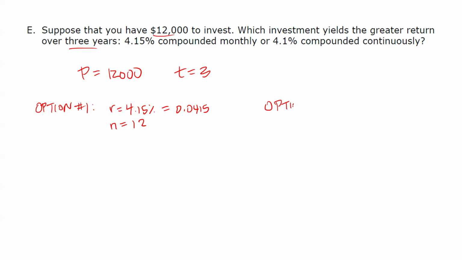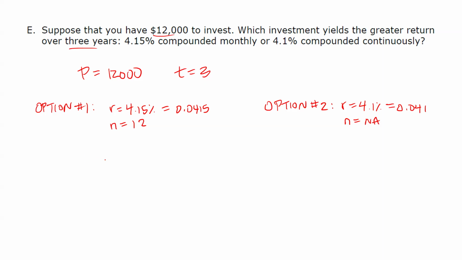For option number 2, we have an interest rate of 4.1%, so that's 0.041. We're compounded continuously, so n is not applicable for this problem. Okay.